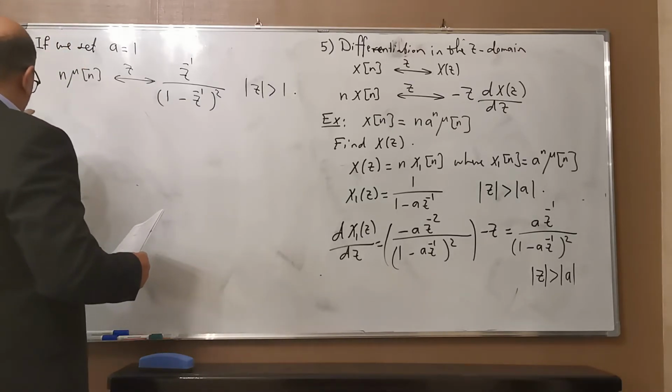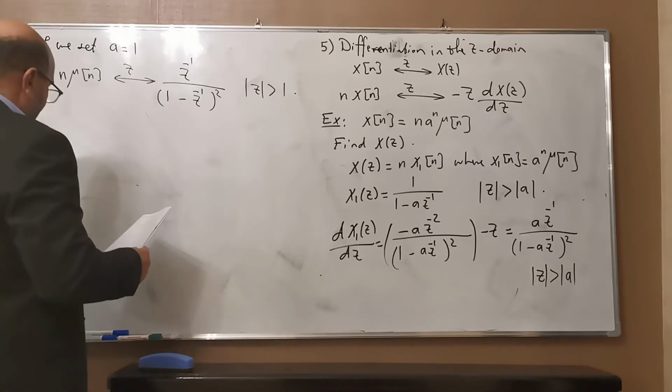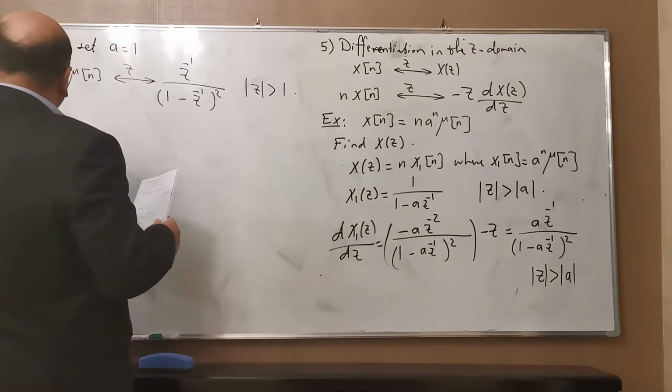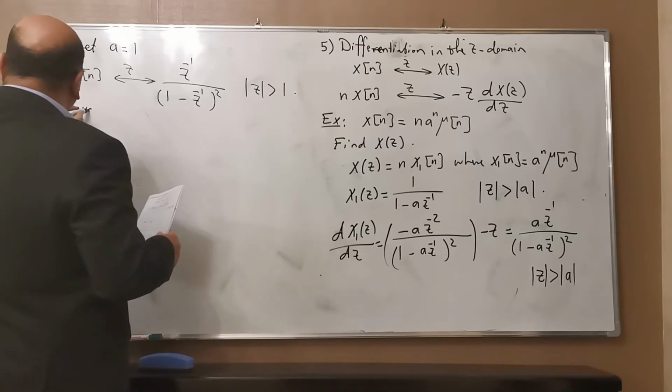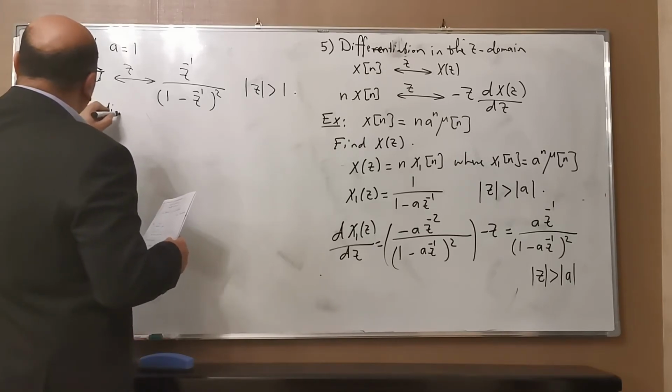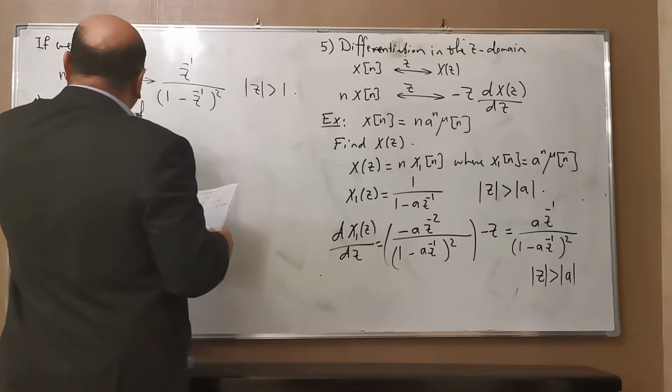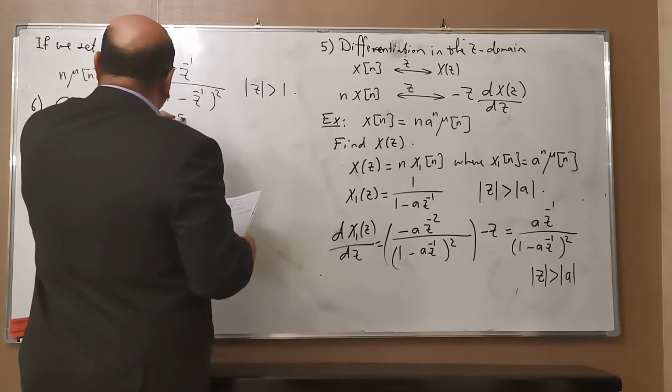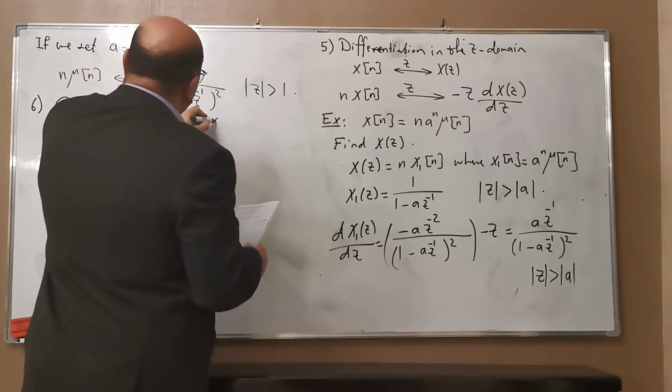Okay, the sixth property is a very important property here, which is the convolution of two sequences.